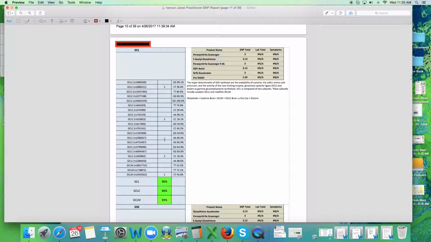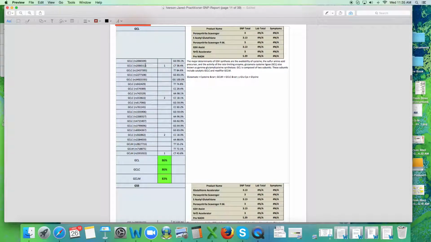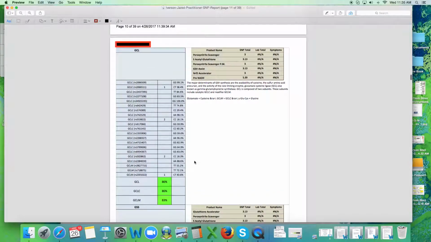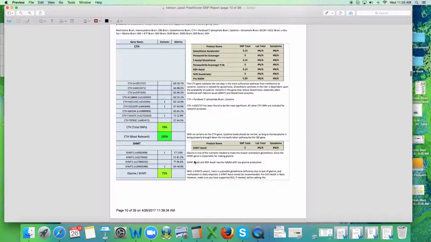So you have to look at the whole ginormous picture in order to come up with the recommendations that I come up with. But I may not even recommend anything for this particular person. If he had a lot more defects, then we may support that, especially based on his symptoms. If this person didn't have a lot of symptoms that would warrant it either.